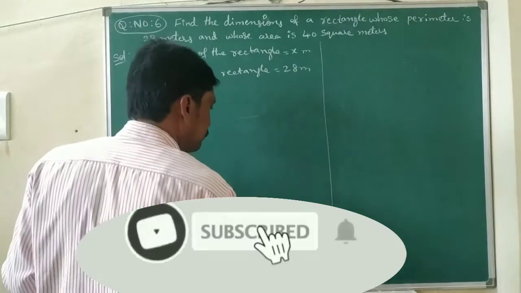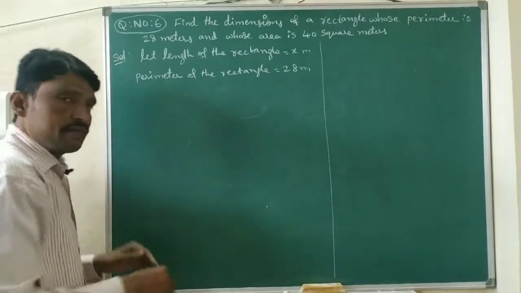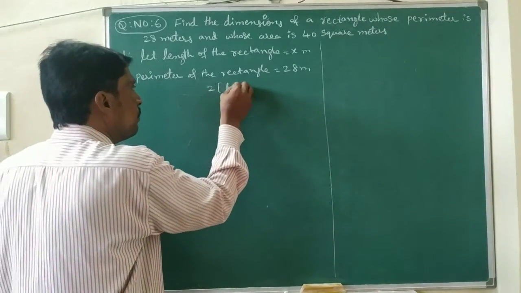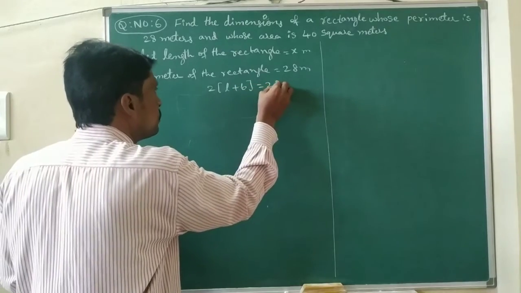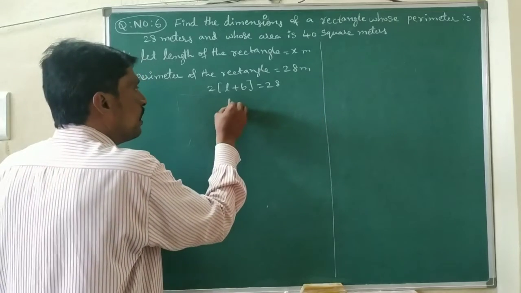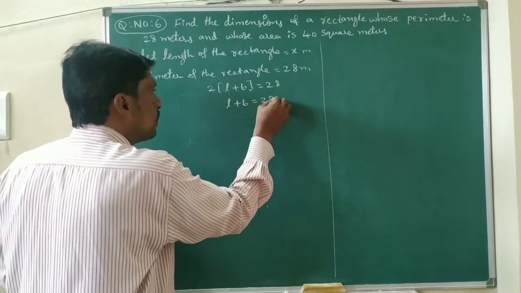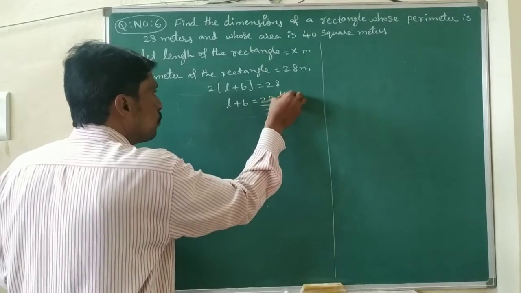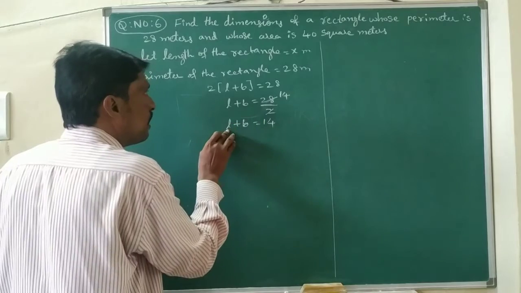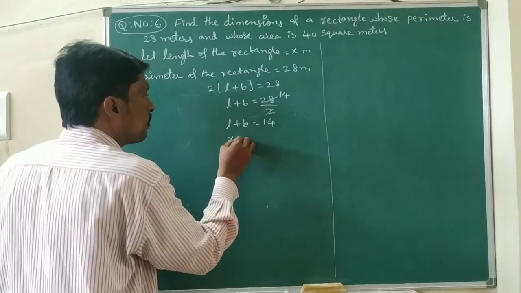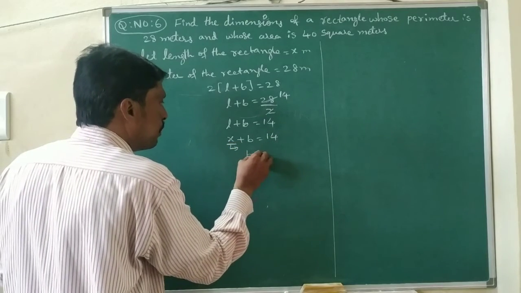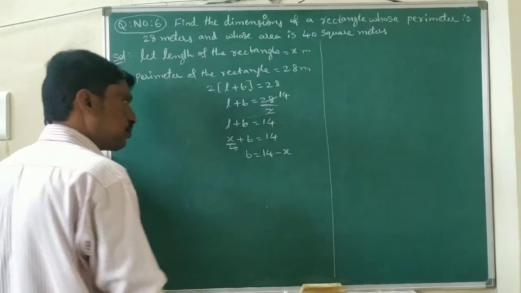The perimeter formula is 2 of L plus B equals 28. This 2 we have to transpose, so into becomes divide. L plus B equals 28 by 2. 2 14s are 28. L plus B equals 14. Now the L value we have is x, so x plus B equals 14. This x we have to transpose. B equals 14 minus x we are getting.